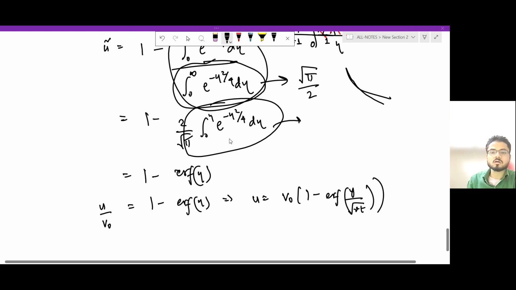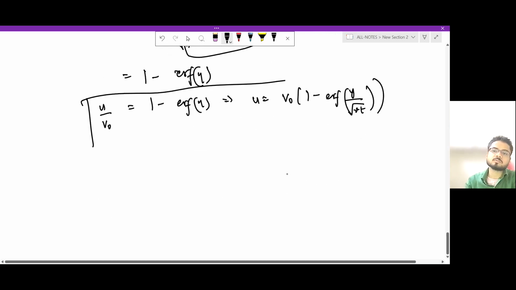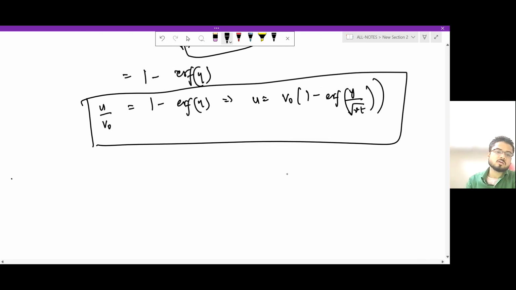So this is the final answer. All right. So this is how we solved this type of problem that was transient in nature.